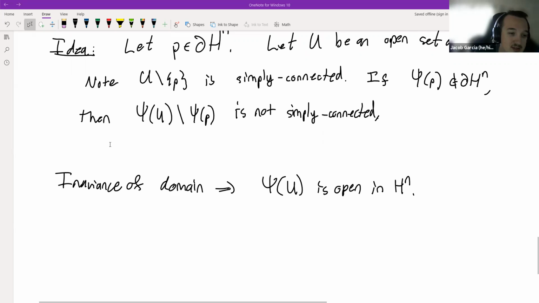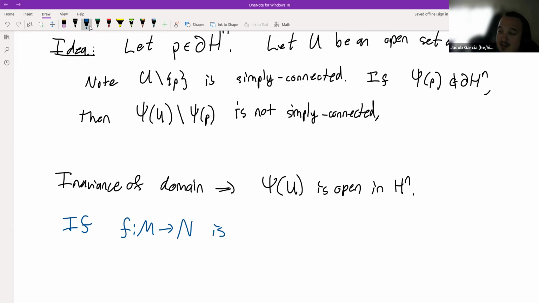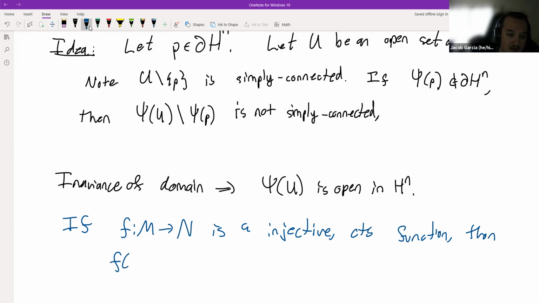The statement of invariance of domain is that if f from M to N is an injective continuous function, then f of U is open for all open U in M. Right?